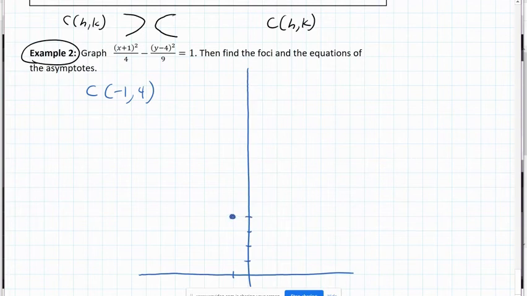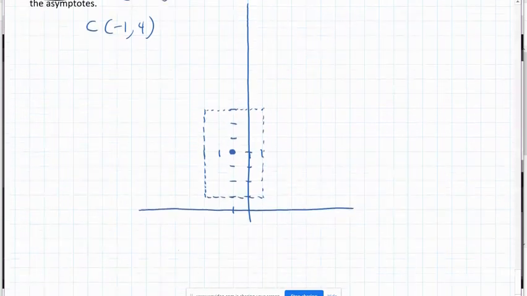Center is here. And then this tells us we're going to go 2 units in the x direction, 1, 2, 1, 2. 3 units in the y direction, 1, 2, 3, 1, 2, 3. We'll draw our box there. Draw the asymptotes through the corners of the box.